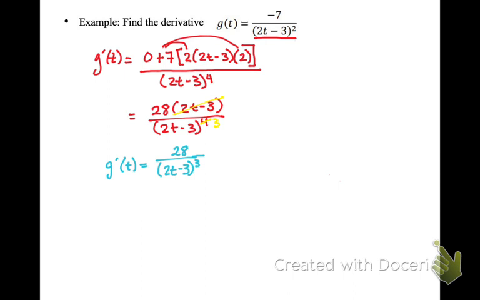With the 7 to the 2, that's the chain rule? This is the chain rule right here. The 7 is the numerator. Okay. Everyone good?